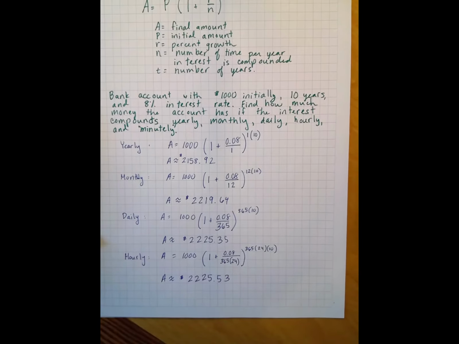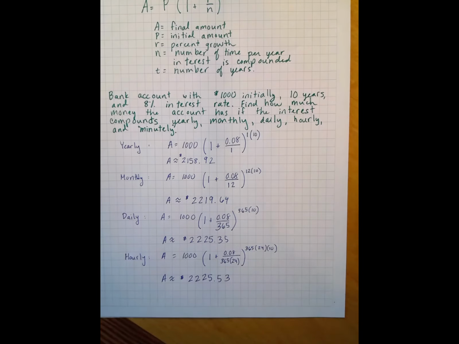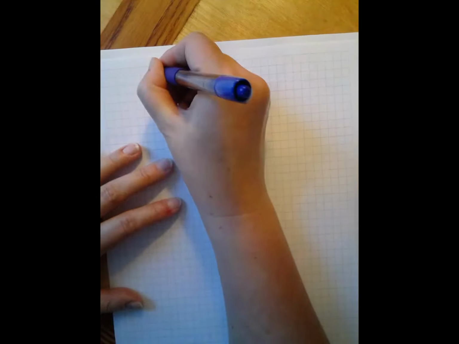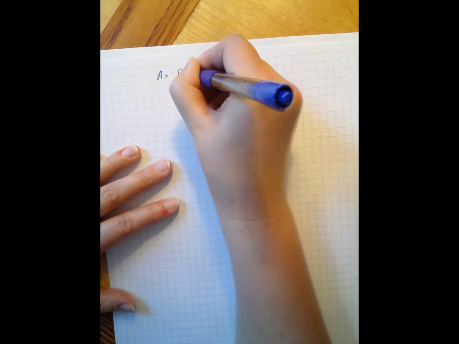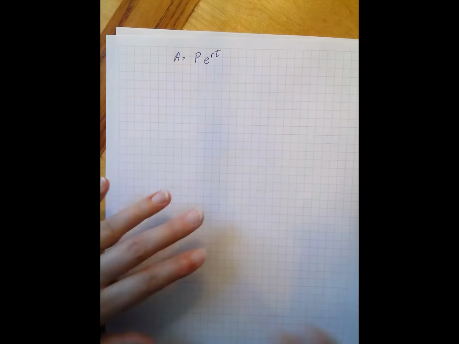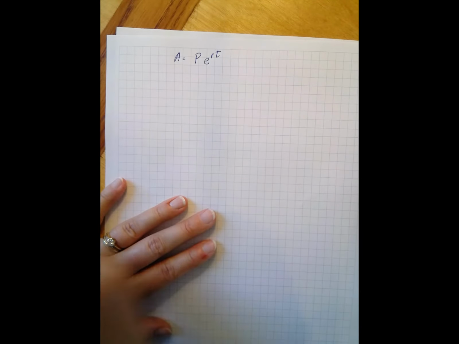I'm not going to do the minutely because these numbers are getting pretty hairy, having to input so many numbers. However, it turns out that the more times I compound, the closer and closer this formula gets to being A equals P e to the RT.